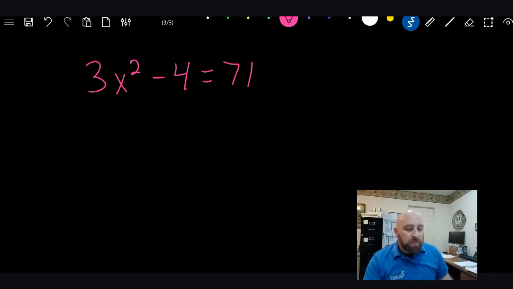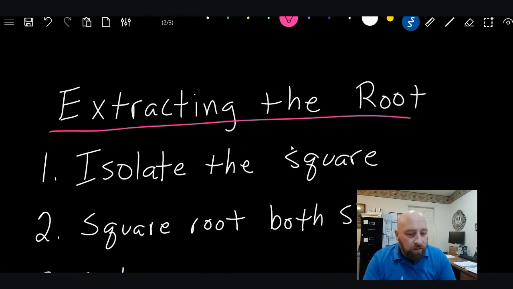Let's do 3x squared minus 4 equals 71. Now, if you'll notice something, there's something missing in this one. And this one is where we don't have, I'm going to put no B term.